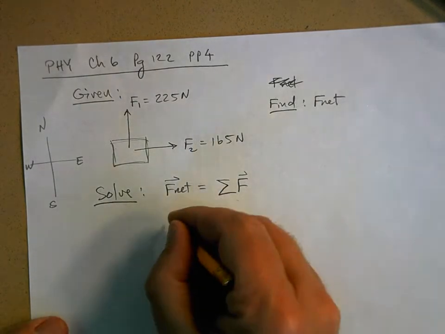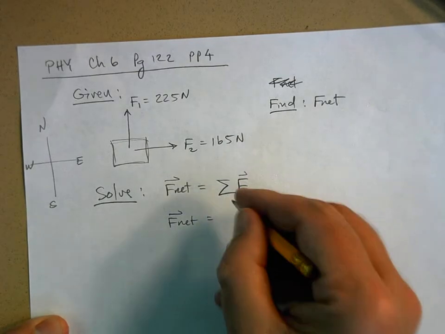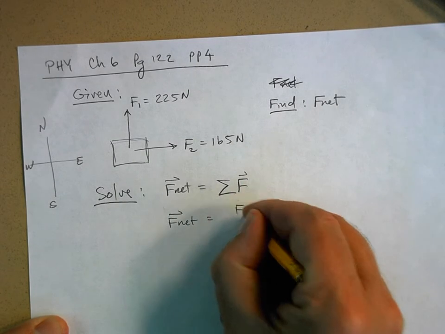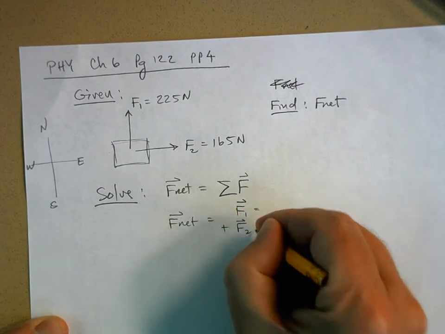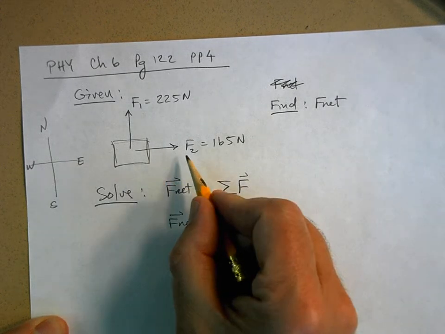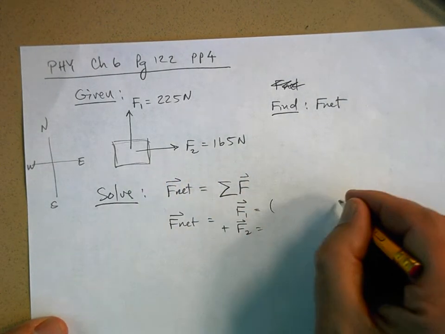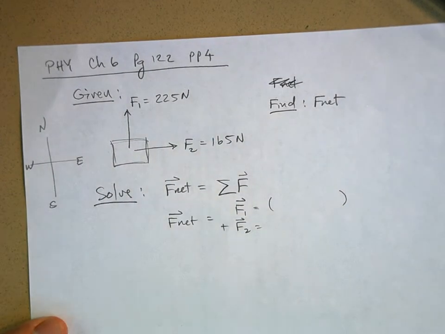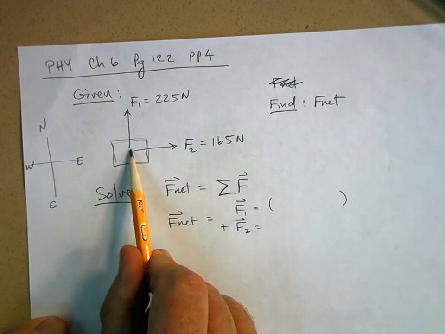So F net is equal to F1 plus F2. Now F1, we can put these in rectangular coordinates right away, right? What is F1 in rectangular coordinates? Look at F1. How much in the X?